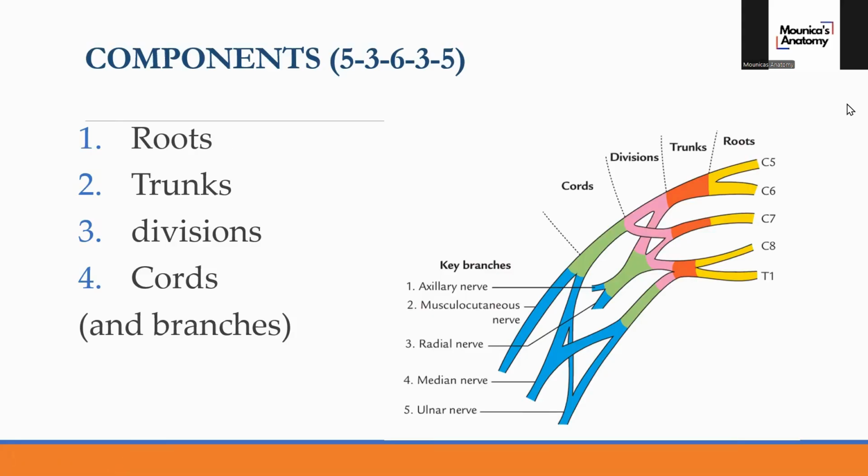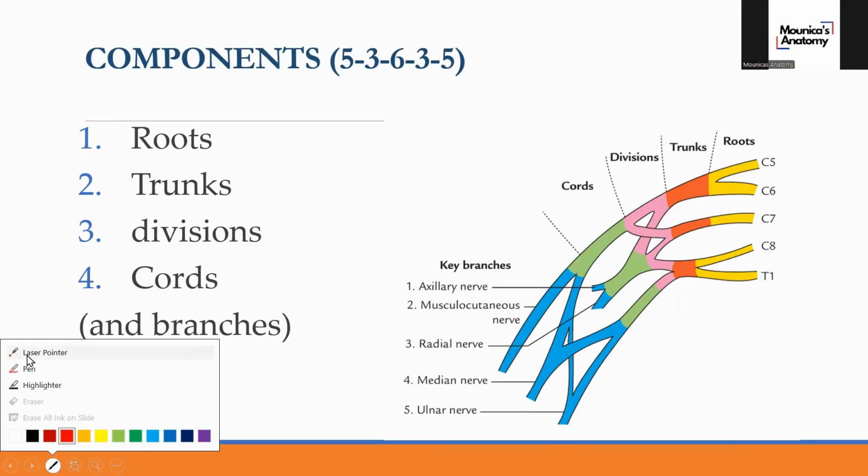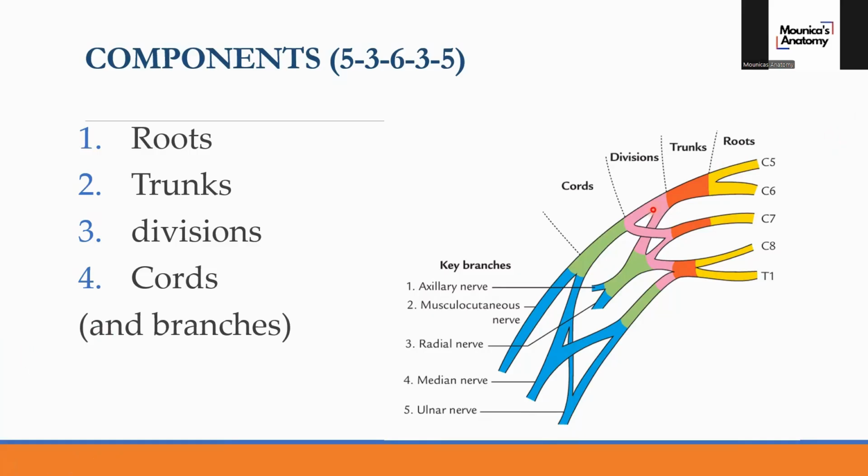The trunks are 3 trunks, upper trunk, middle trunk and lower trunk. Then each trunk is divided into anterior and posterior divisions. So we have totally 6 divisions.